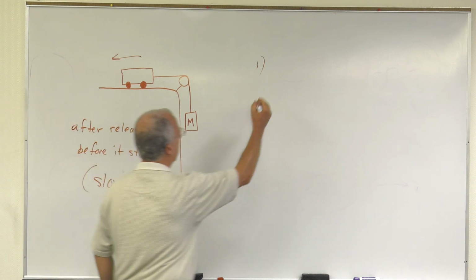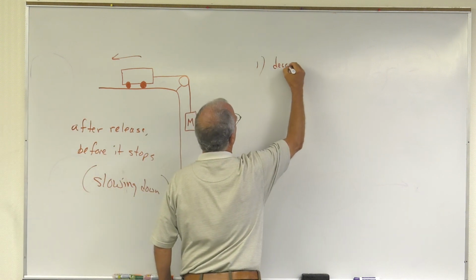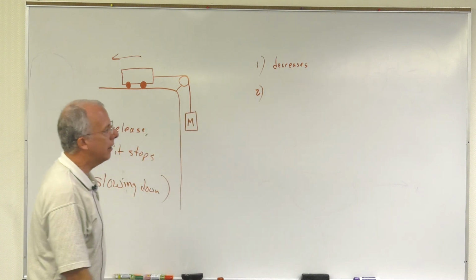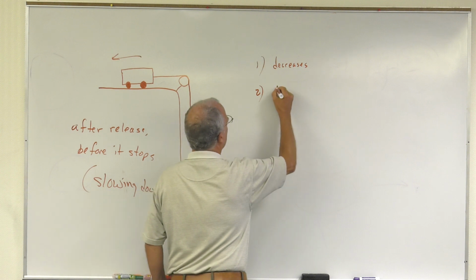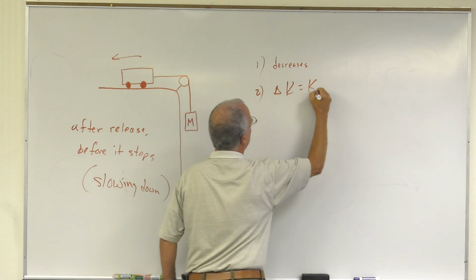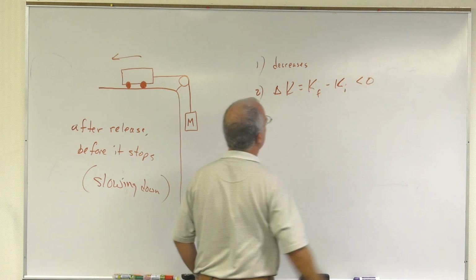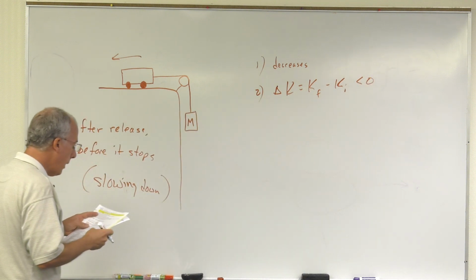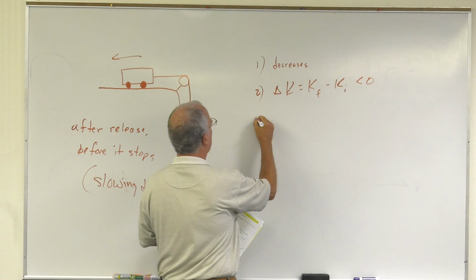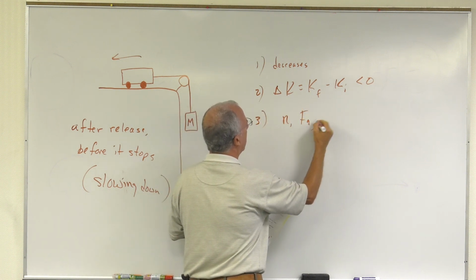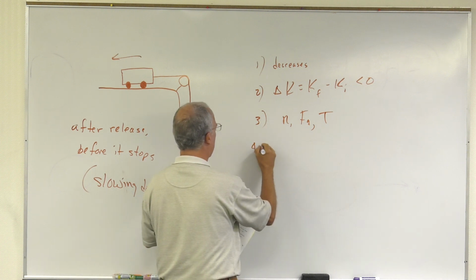So it decreases. 2. What's the sign of delta K? Negative. Because delta K is K final minus K initial, and it's slowing down, so it's negative. 3. What are the forces? Same as before: a normal, a force of gravity, and the tension.